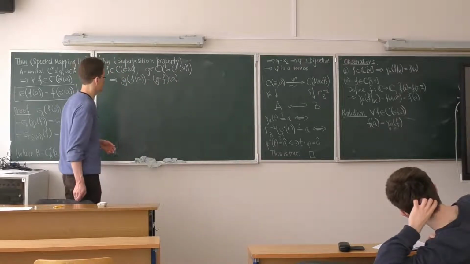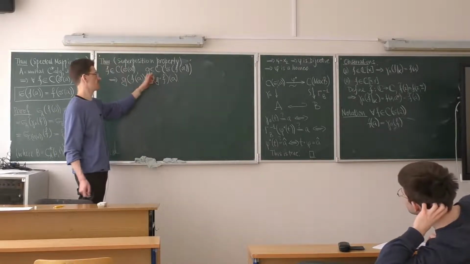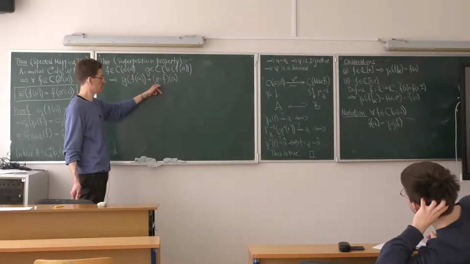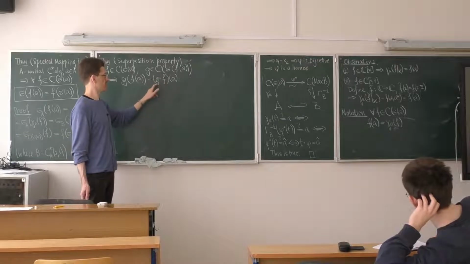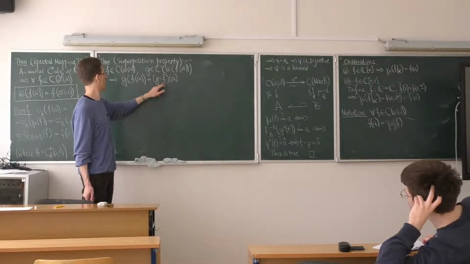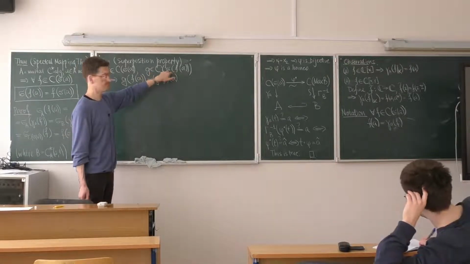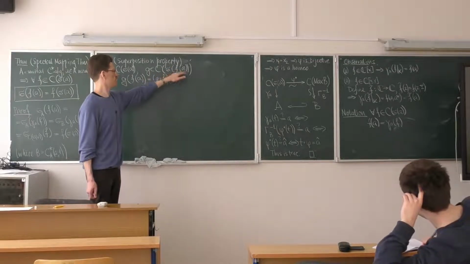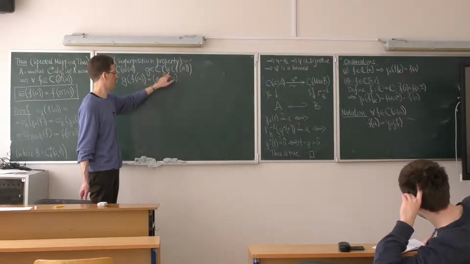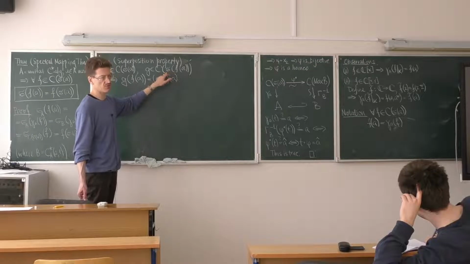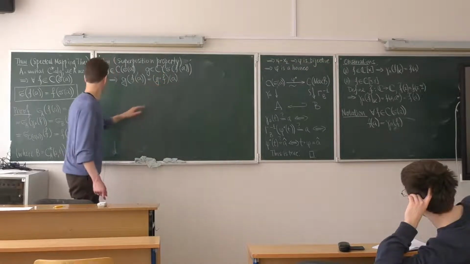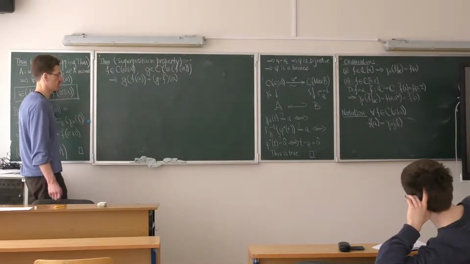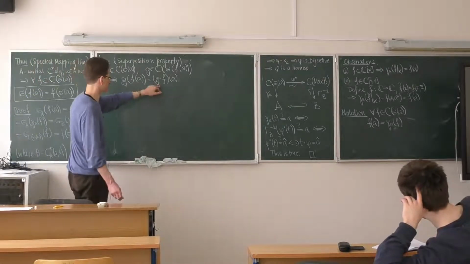And by the way, let's observe that the right-hand side is well defined by the spectral mapping formula, because the domain of G, sigma of f of a, is equal to the range of f, f of sigma of a. So we can compose G and f because of the spectral mapping theorem. So this is well defined.